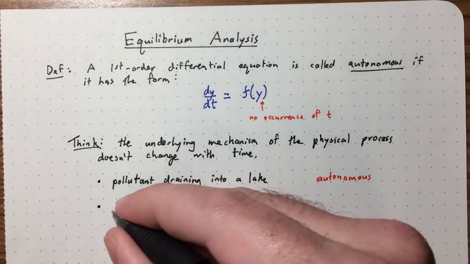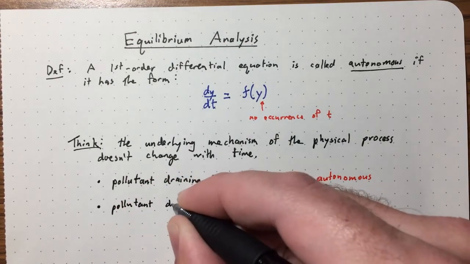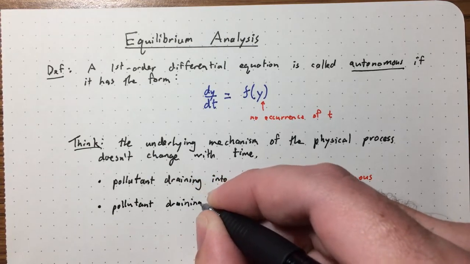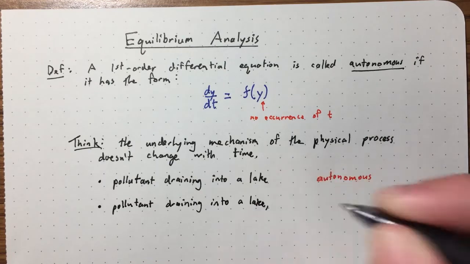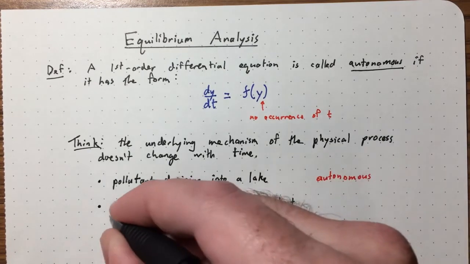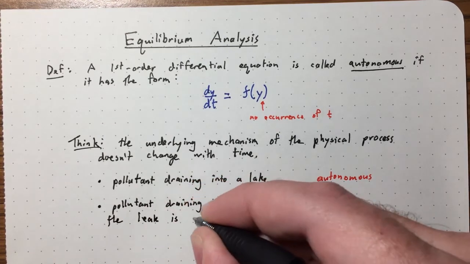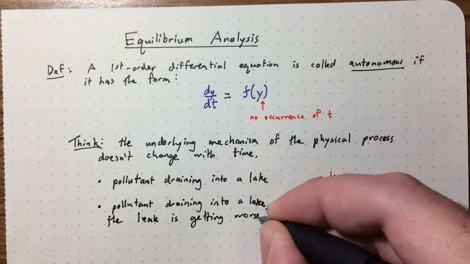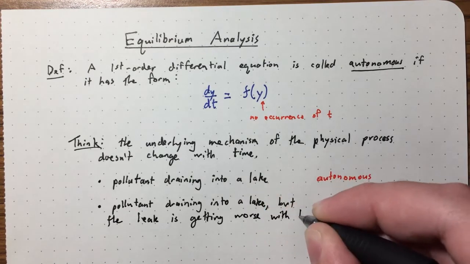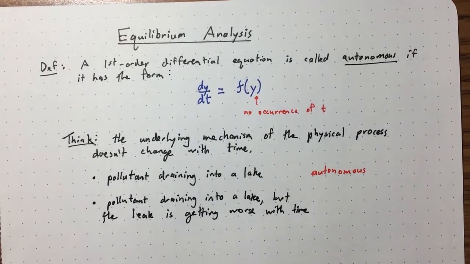Okay, so what would be a non-autonomous process? So I'm just going to write the same thing. So pollutant draining into a lake. But let's say the leak is getting worse with time. Okay, with time. So this is actually exactly the example from the lecture.